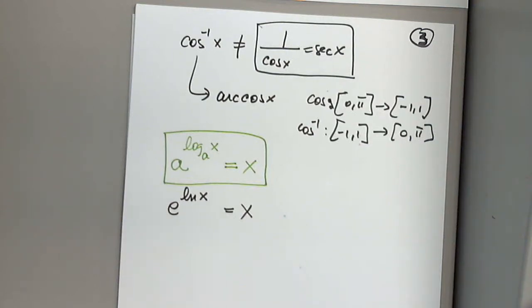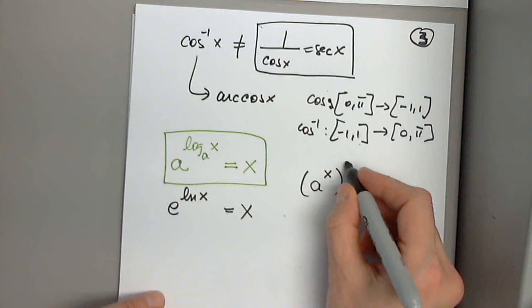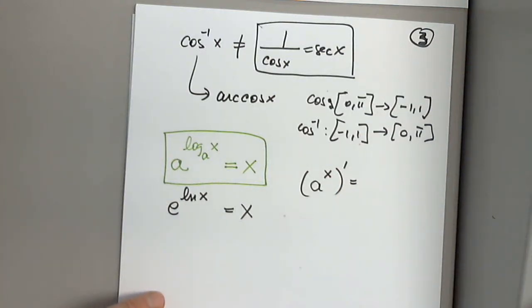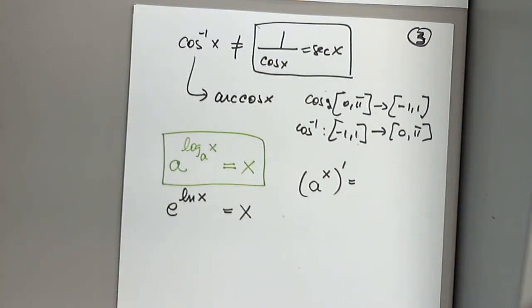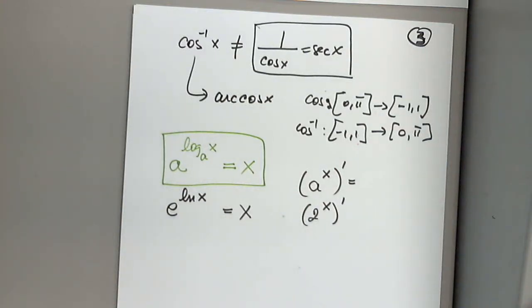Now, where am I getting with this is I would like to discuss how we determine the derivative when the base is not e, just any number. For example, let's say 2 to the x prime. No, you cannot bring x down and subtract 1 from the power. That's not going to work. This is not a function raised to a power, this is an exponential function.